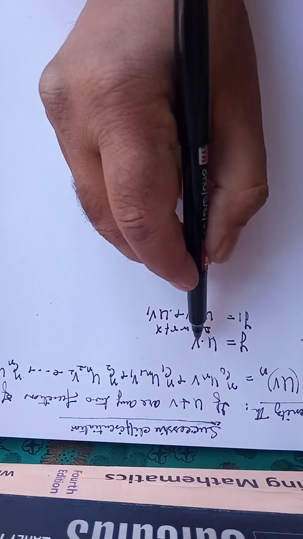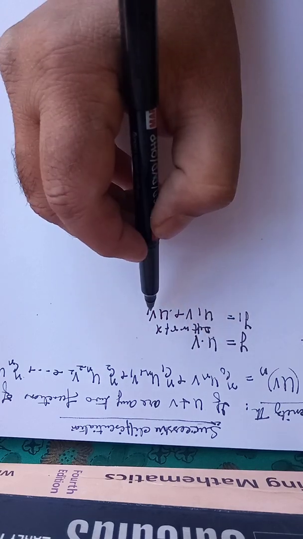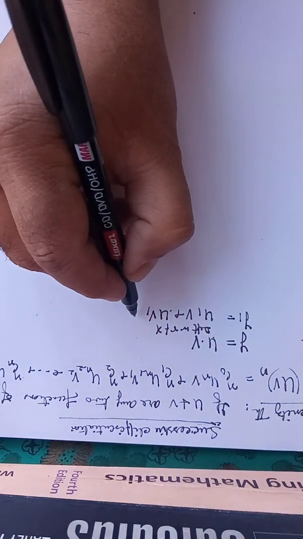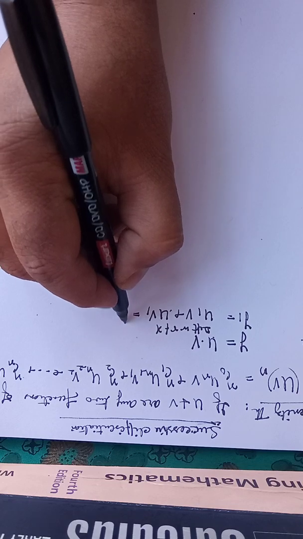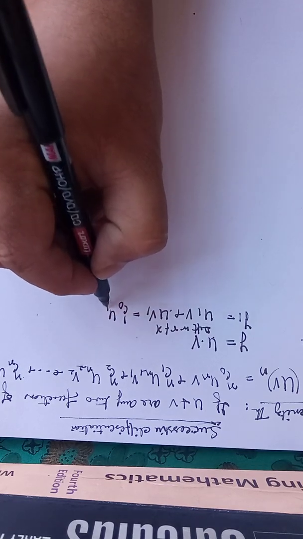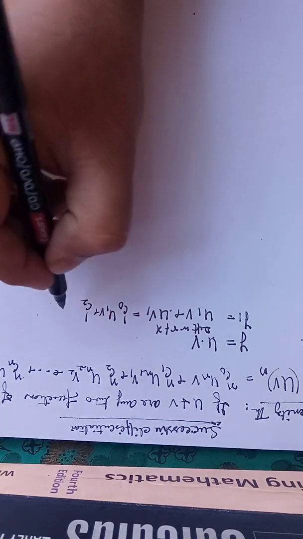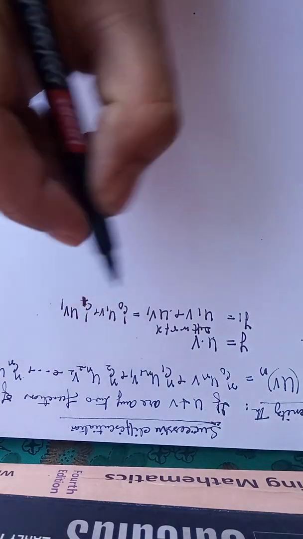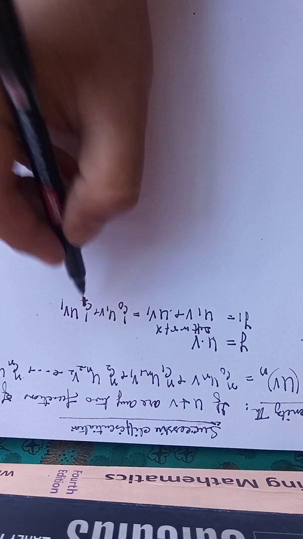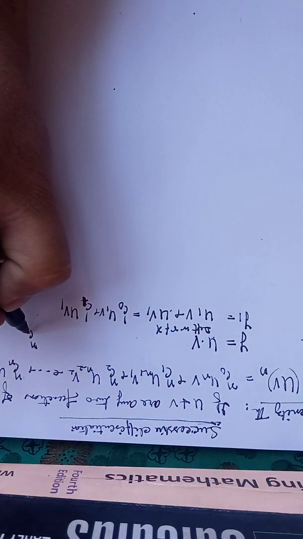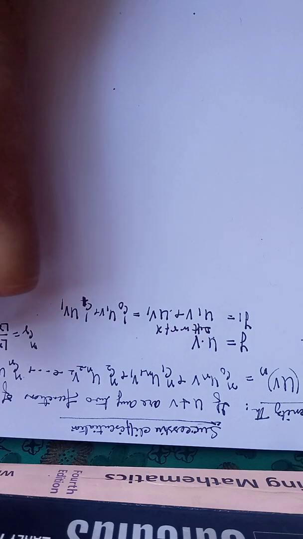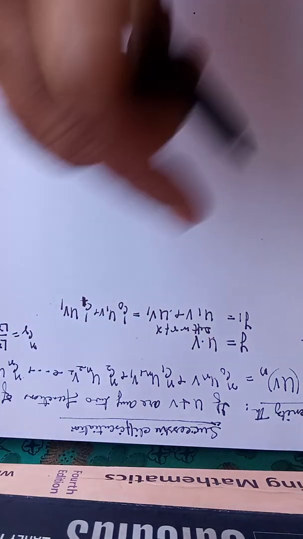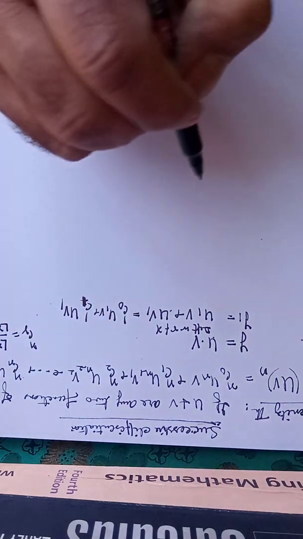Derivative of u is u1, v as it is, then u as it is, derivative of v is v1. This can be written as 1C0 u1 v + 1C1 u v1, because 1C0 is 1, 1C1 is 1. nCr is n factorial over r factorial times n minus r factorial.